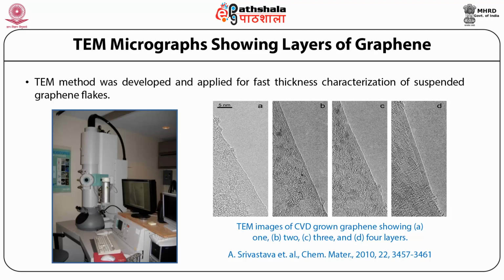The folded edge of graphene-like flakes provides a clear TEM signature of the number of layers, which is clearly visible in the figure. We can see that in the first image we have one contrast, however in the second we have 2, 3 and many layers. The spacing between these layers is 0.335 nanometer.